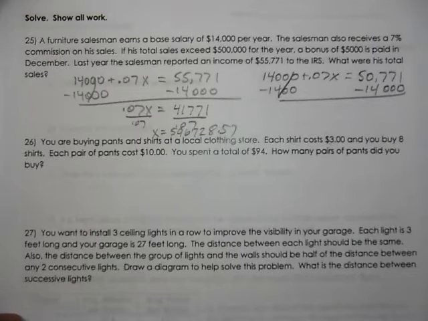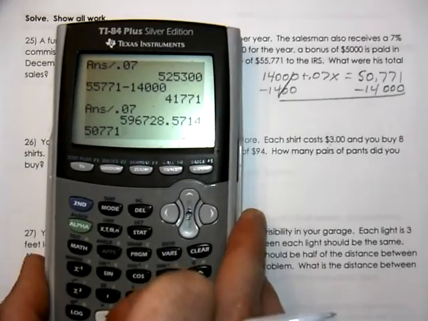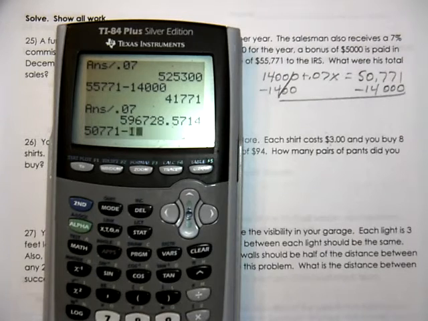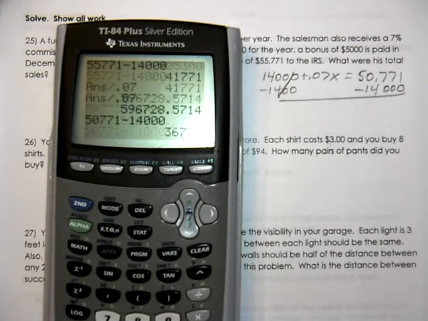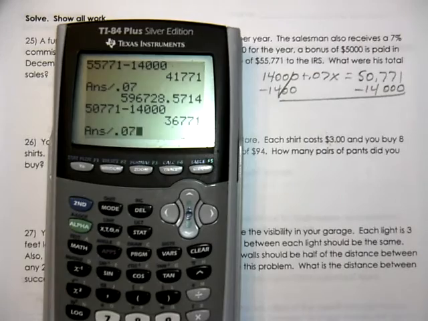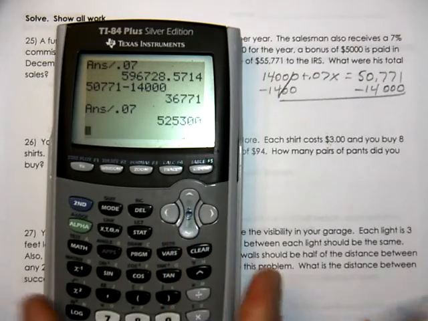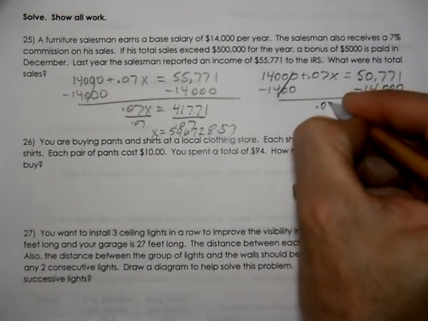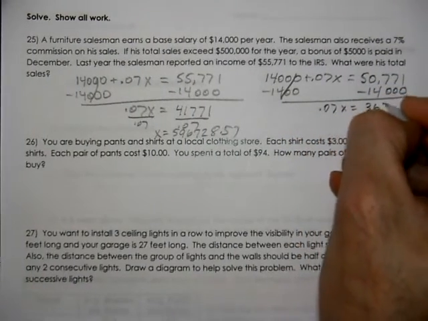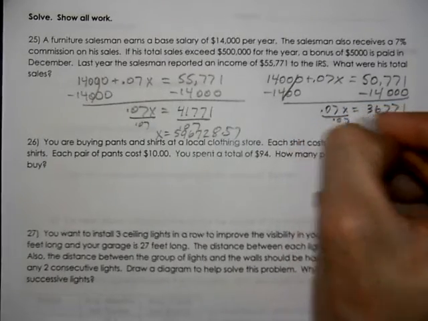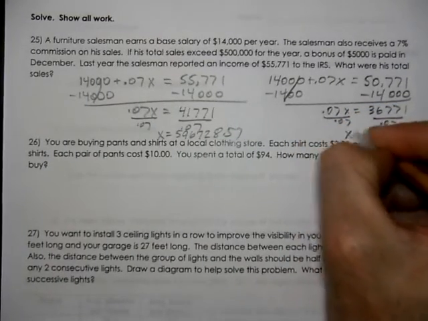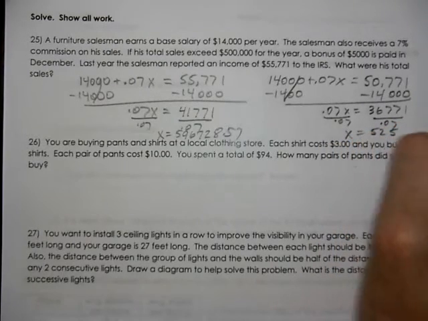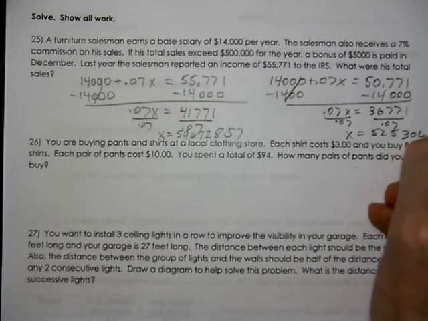So in my calculator, I'm going to take 50,771 minus 14,000 and divide that by 0.07. And his total sales were actually $525,300.